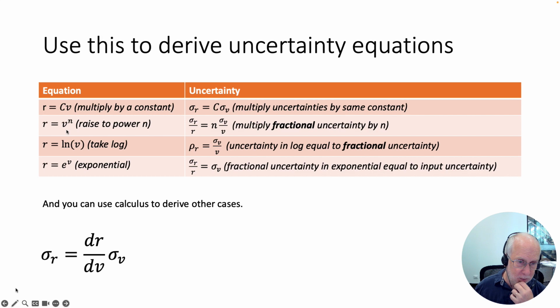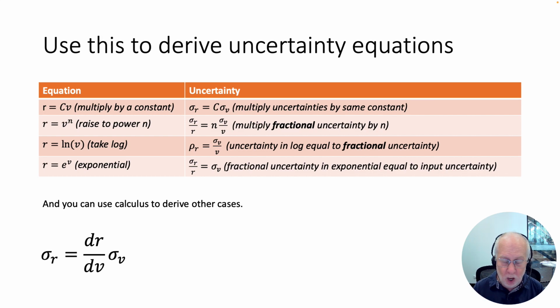Raising to a power is a bit more complicated. dR by dV is nV to the n minus 1, and if you rearrange that you find the uncertainty in R divided by R, which is the fractional uncertainty in R, is equal to n times sigma V over V, the fractional uncertainty in V. So what you do is you look at what you're measuring, see what the fractional uncertainty is.